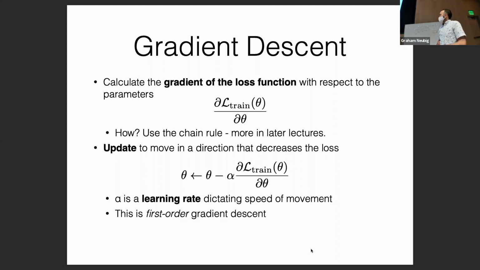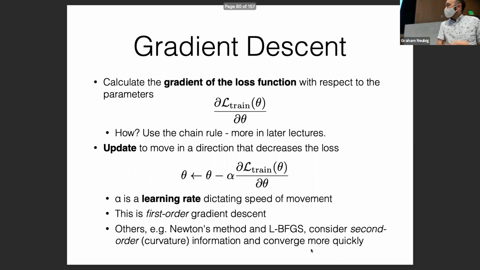One thing to note is that this is first order gradient descent. There are also methods that allow you to consider second order information, like Newton's method and LBFGS.